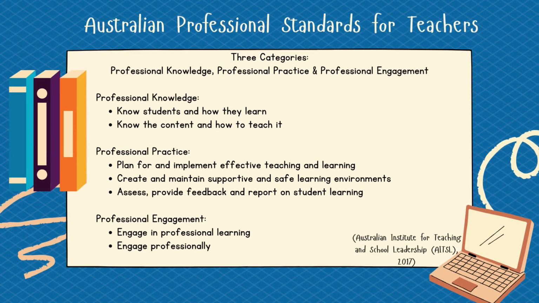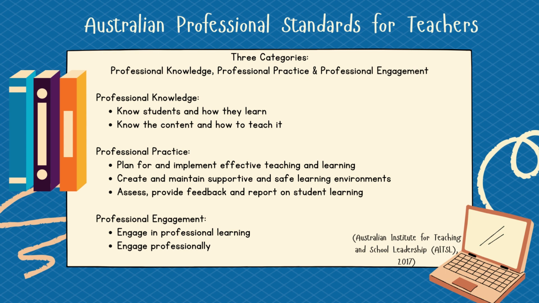The Australian Professional Standards for Teachers identifies three main categories for standards that teachers must follow. These categories are professional knowledge, professional practice, and professional engagement. Professional knowledge entails knowing your students and how they learn, and being knowledgeable of the content and how it is taught.